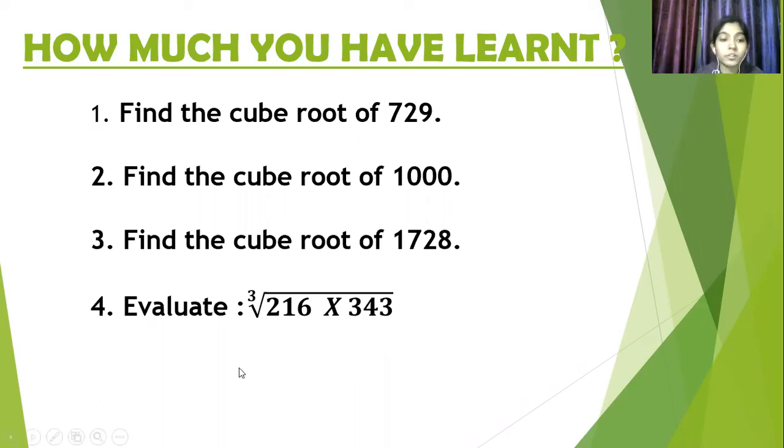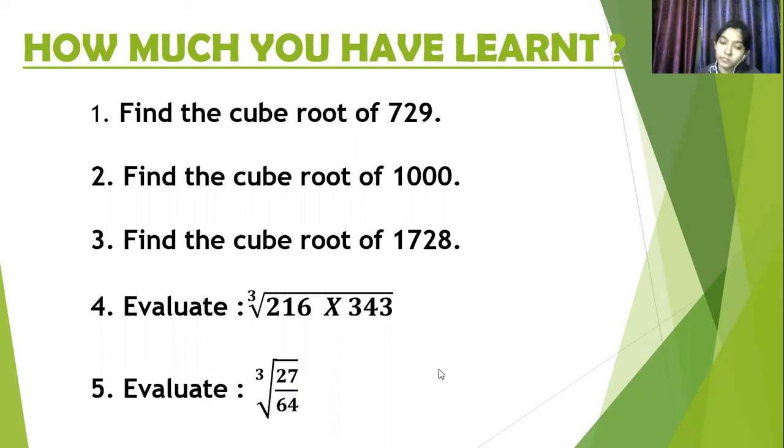Yes, very good. How will you find the value of cube root of 27 upon 64? In this also we will separate them, cube root of 27 as a separate term and 64 as a separate term, and then we will do the prime factorization, and then we will write it as a division, and the answer will come.